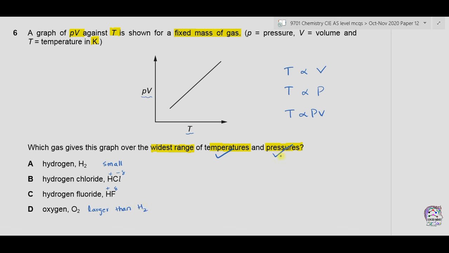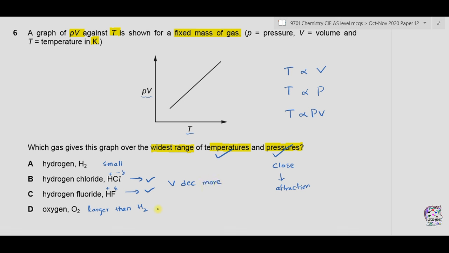At higher pressures, the molecules come close to each other and forces of attraction develop. As there are already partial charges on hydrogen chloride and HF, the intermolecular forces will be the strongest among these two. So the volume of these gases will decrease more than expected because of the intermolecular forces of attraction.